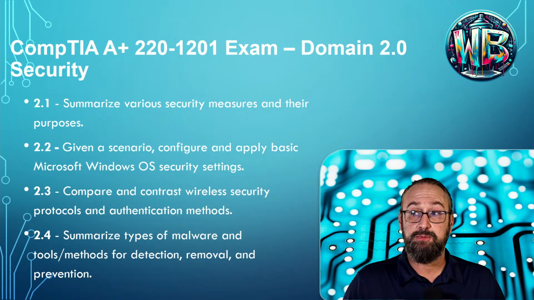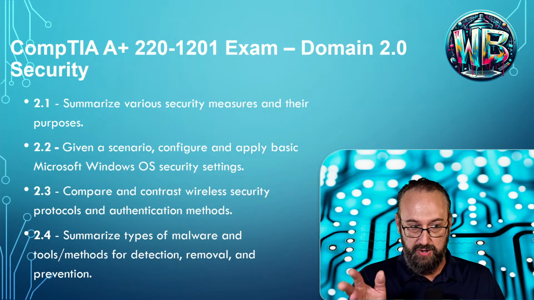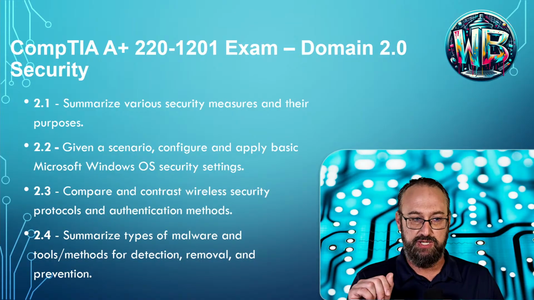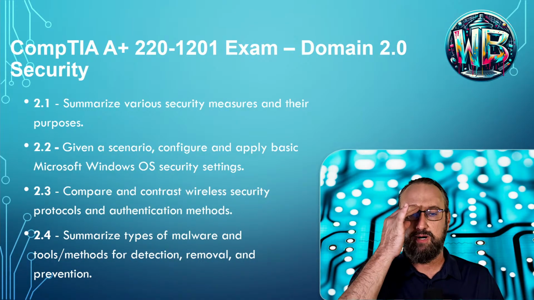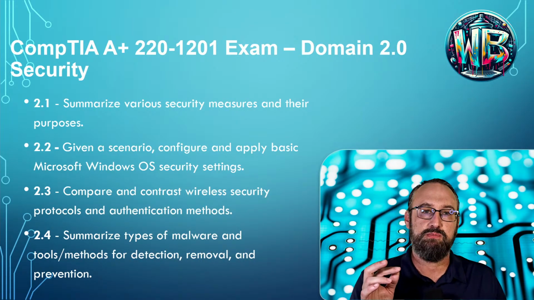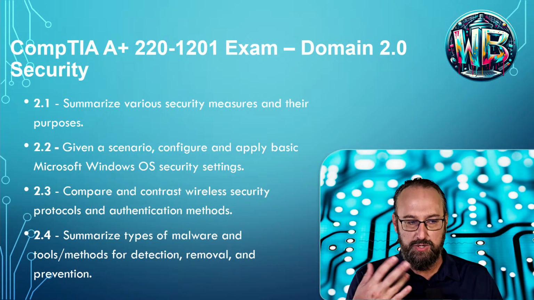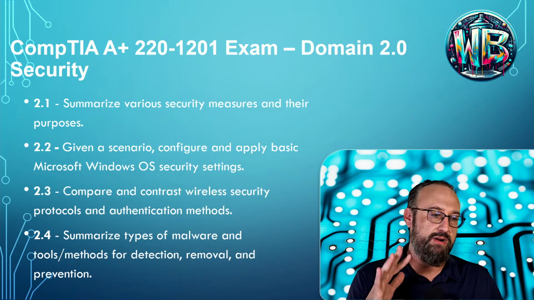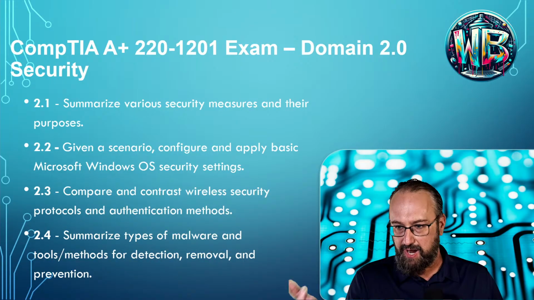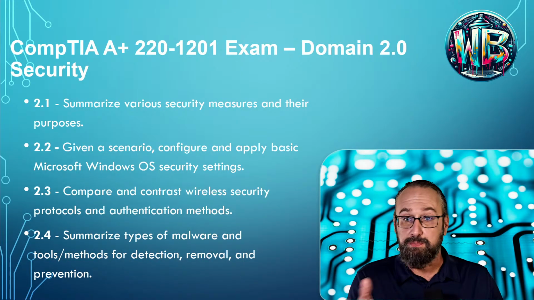Then we come up to 2.4, and when we look at 2.4, notice that it is a summarization. Summarize the types of malware, tools, methods for detection, removal, and prevention. So we're going to have to be able to identify different types of malware, whether it happens to be a rootkit, virus, spyware, ransomware, what's a boot sector virus?